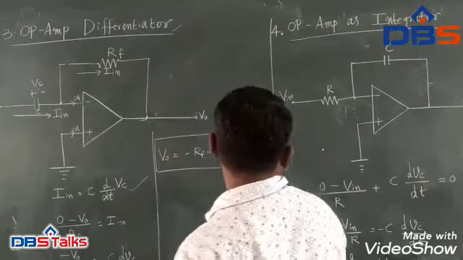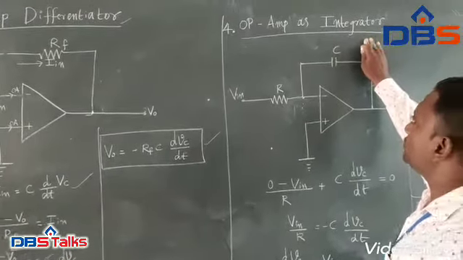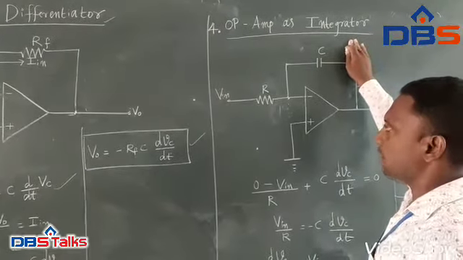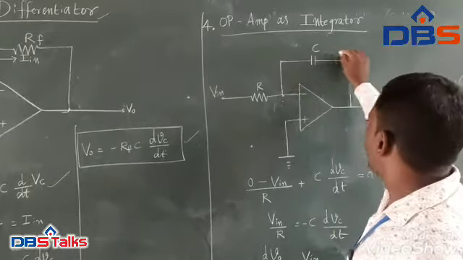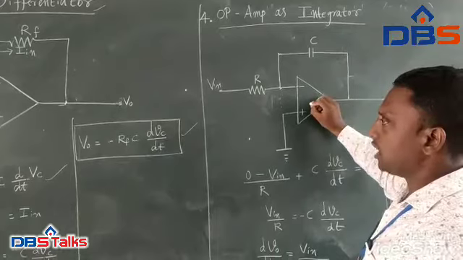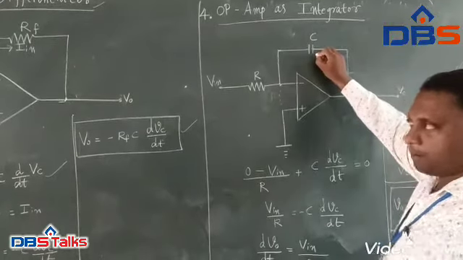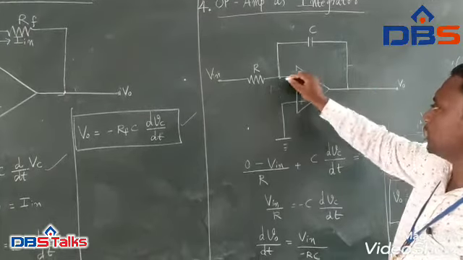Now coming to the fourth application, operational amplifier as an integrator. We can form the integrator circuit using the operational amplifier, a resistor and a capacitor. But here the feedback element is the capacitor, which is connected between the output and input.